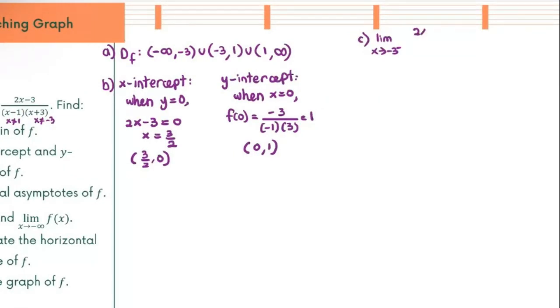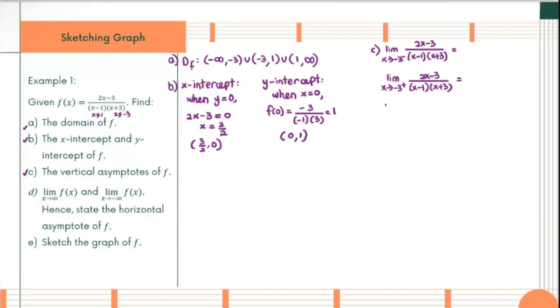So we have 2x minus 3 divided by x minus 1 and x plus 3. Lepas tu kamu kena check pula dekat x approaching negative 3 from the right of 2x minus 3 over x minus 1 and x plus 3.